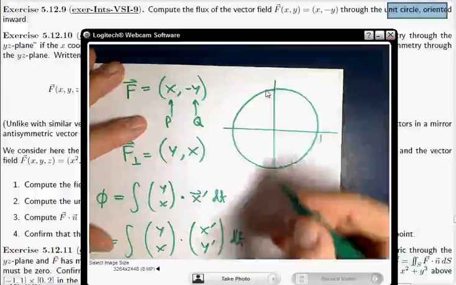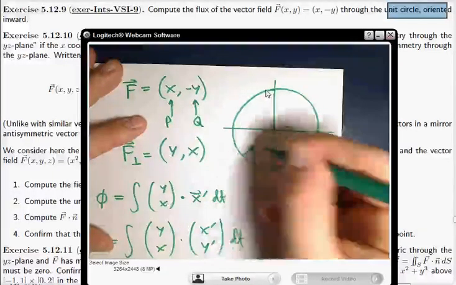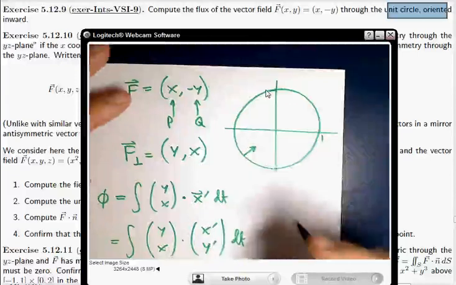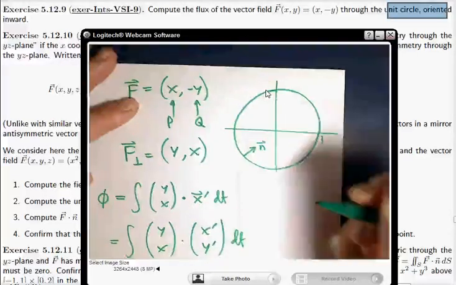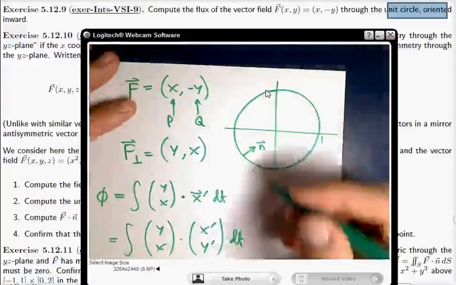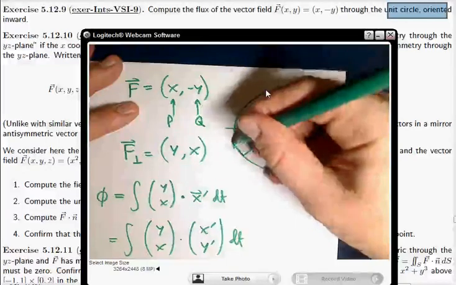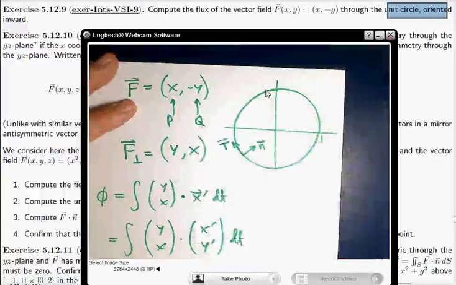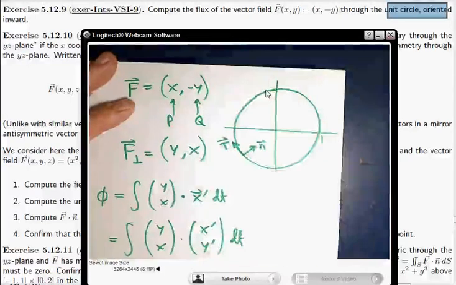There's our unit circle. We want to compute flux going inward, and when we rotated our unit normal vector counterclockwise, that gave us our unit tangent vector going that way, and notice that that is oriented clockwise, not counterclockwise.